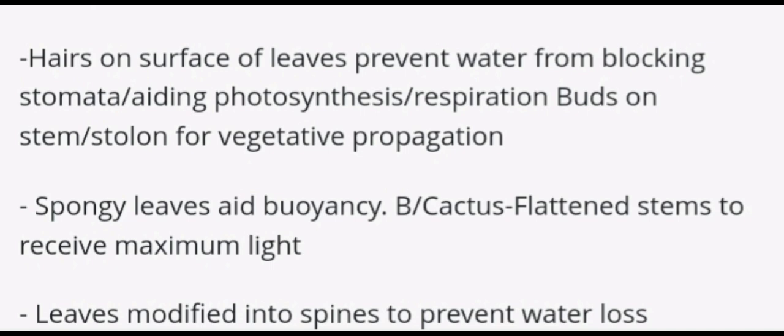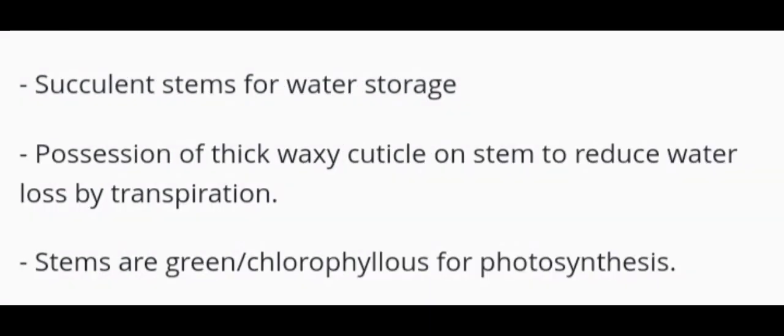Okay, so for cactus plants, the flattened stems help to receive maximum light, right? And the leaves modified into spines prevent water loss. So water does not easily leave the plant because it's modified into spines. Then the succulent stem is for water storage.